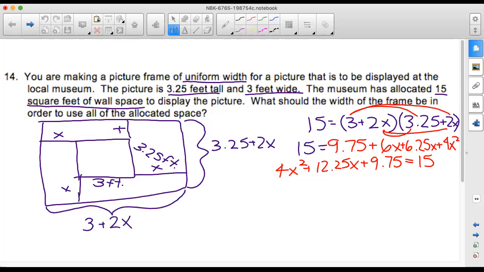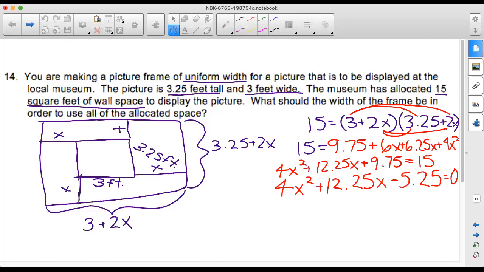Subtract it. Good. What would that give us when we bring it over? Negative 5.25. Awesome. So now this is equaling 0.